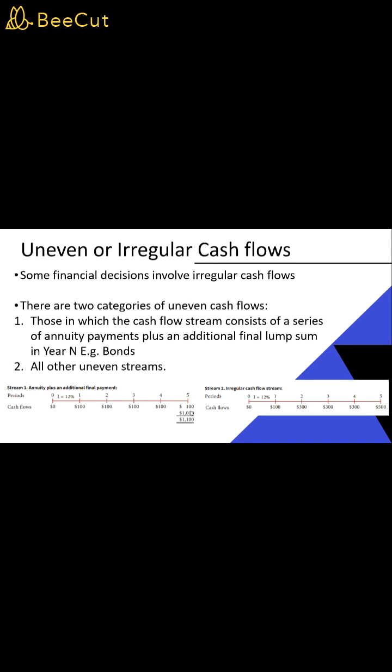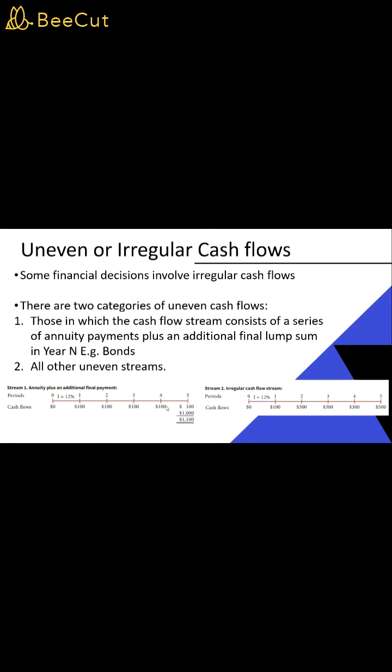But at the end, you're getting 1,100 because you're getting your principal amount back in the 5th year. So that's why this is an uneven cash flow. That's one example of an annuity where you get a lump sum at the end.